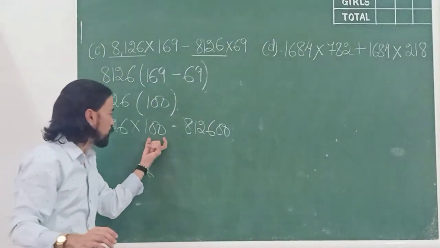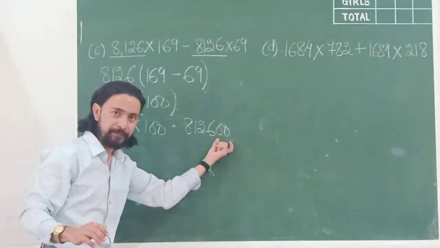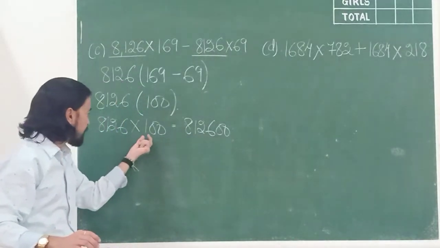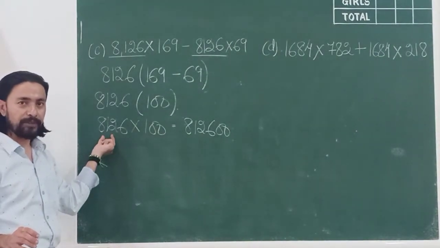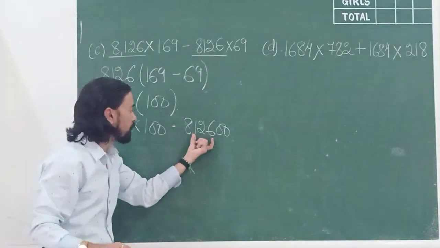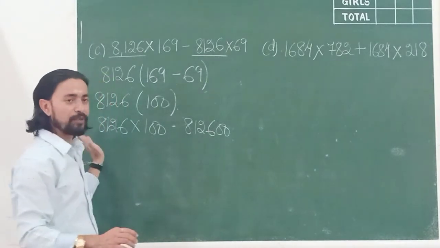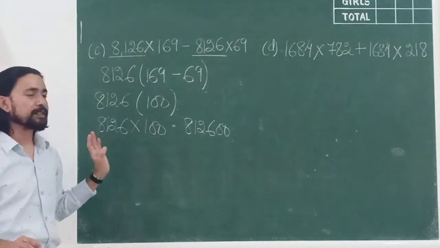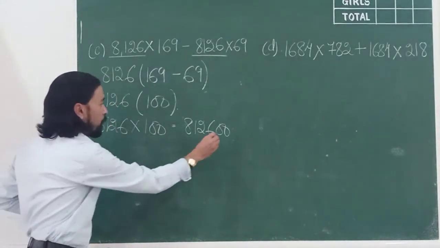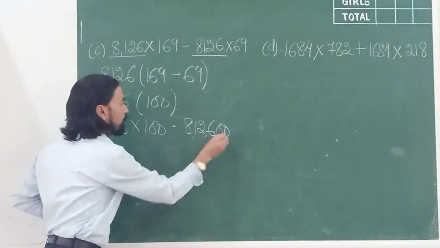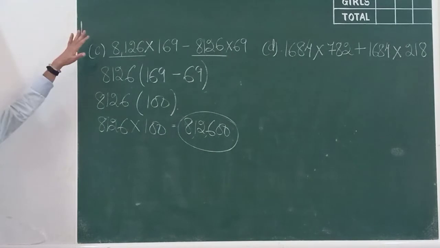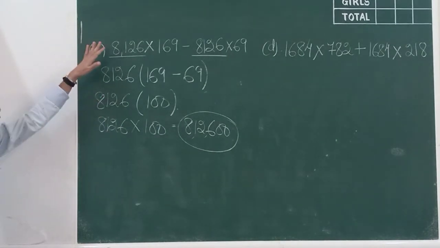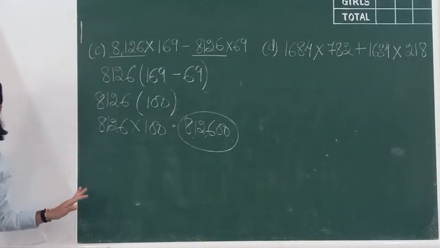Or I write 2 zeros first right at the end, and then I say 1 multiplied by 8126 is 8126. That 8126 comes to the left hand side of the 2 zeros. Answer remains the same. 1, 2, 3, comma, 1, 2, comma. My answer: 8,12,600. When you do it with rearrangement, you can do the sum faster and easier.